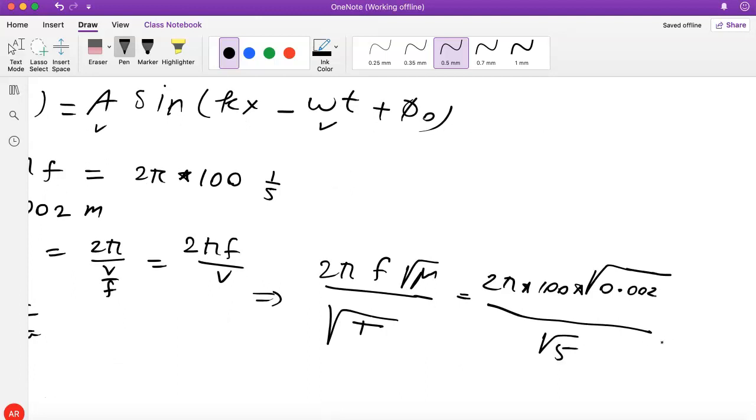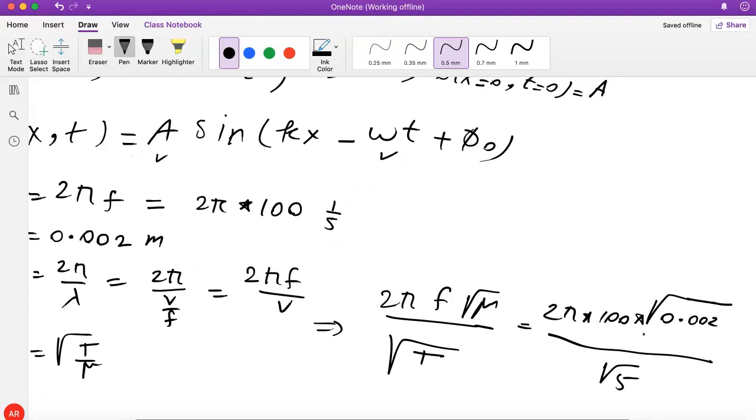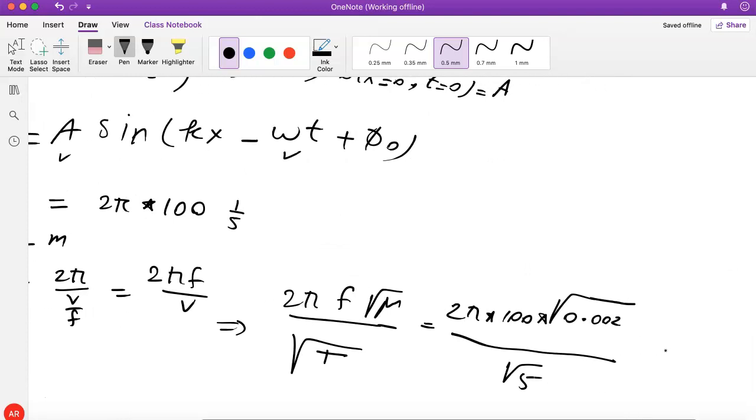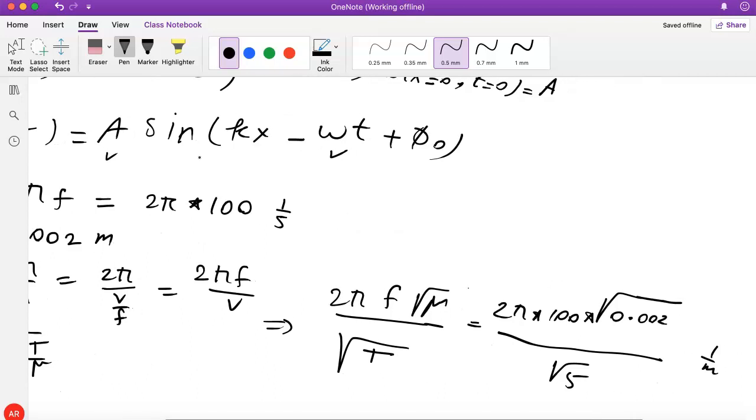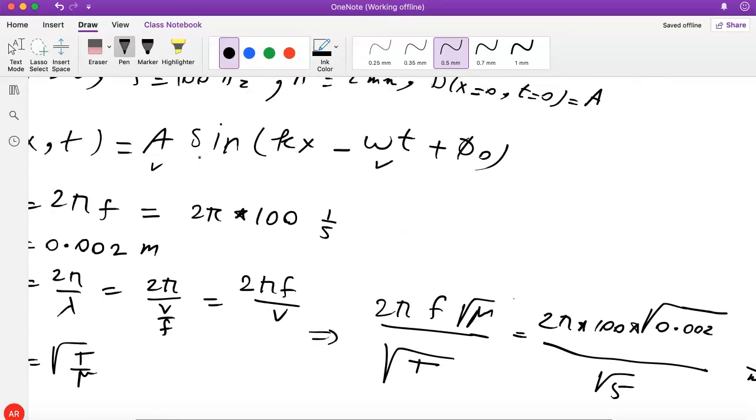So that's going to be some number whose units are 1 over meters, right? Remember, k times x must be dimensionless, right? The argument of a sine is dimensionless. K is 2 pi over lambda. Lambda has dimensions of meters. 1 over lambda has dimensions of 1 over meter. X has dimensions of length. All right, so we can calculate all of these numbers. So we're good with A, K, and omega.